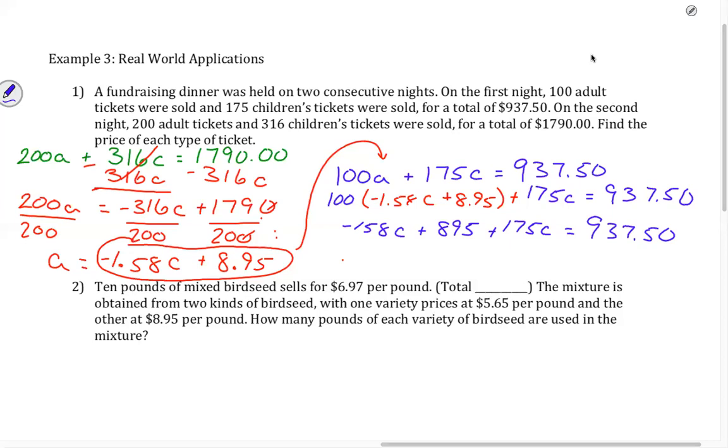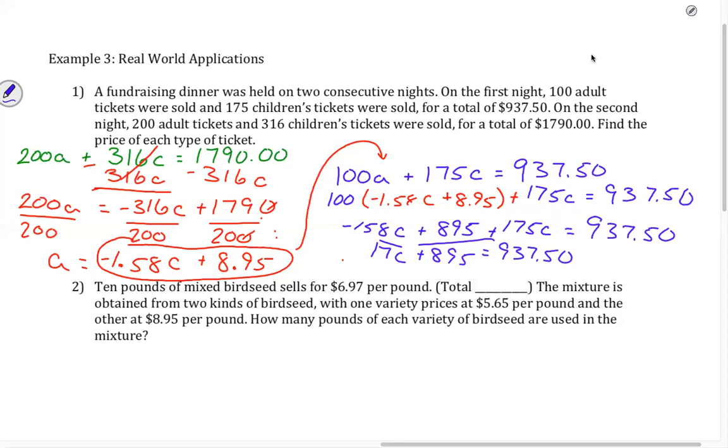All right. So here. Now I'm going to combine my C's. So 175 minus 158. I'm feeling it's 17. So 17C plus 895 equals 937.50.